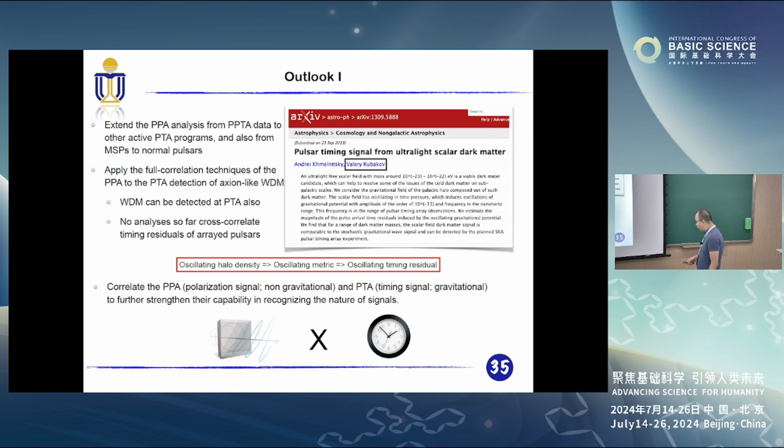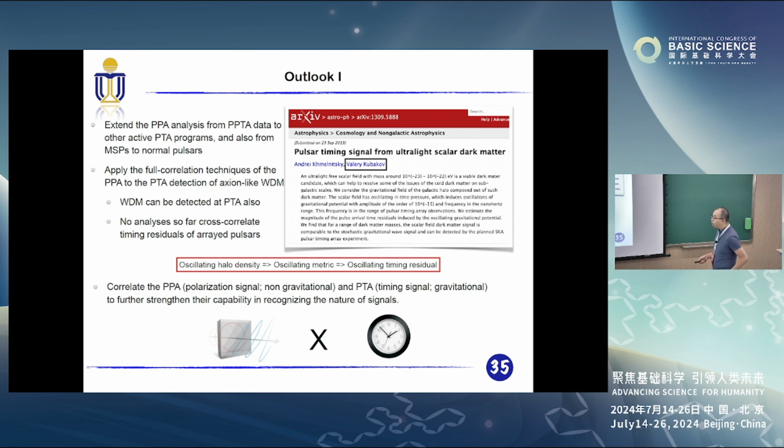After this proposal, several PTA collaborations, including the PPTA collaboration, the European PTA collaboration, and the NANOGrav collaboration, have all delivered their first results to constrain the ultralight wave dark matter just based on the timing data.